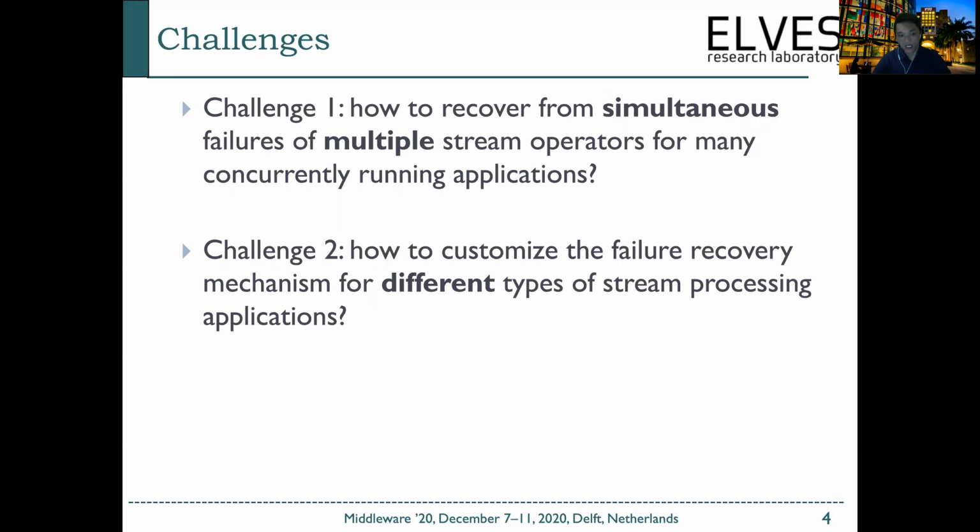There are several challenges, and here we name two main ones. The first is how to recover from simultaneous failure of multiple stream operators for many concurrently running applications, which is the same as the real-world scenario. The second challenge is how to customize the failure recovery mechanism for different types of stream processing applications.